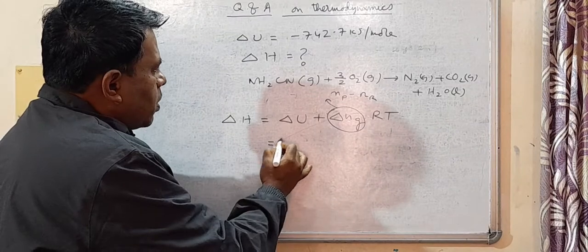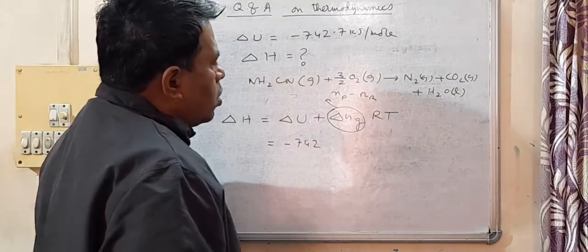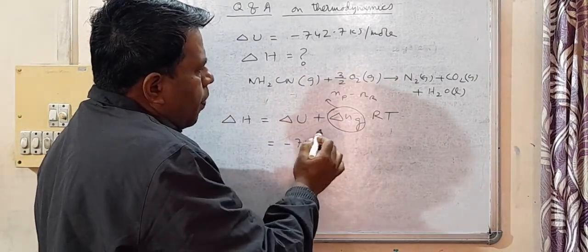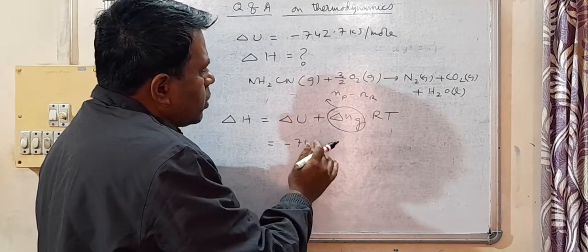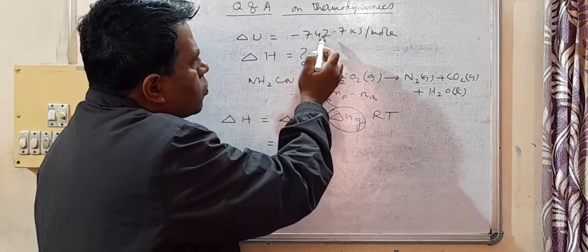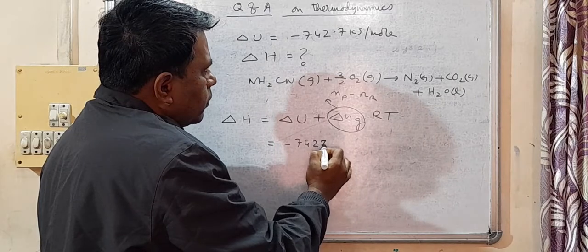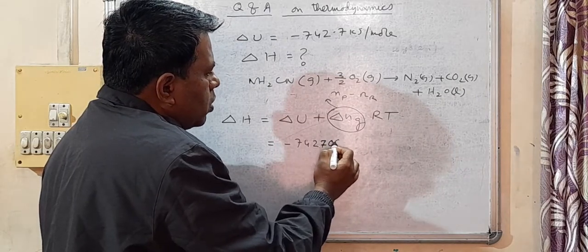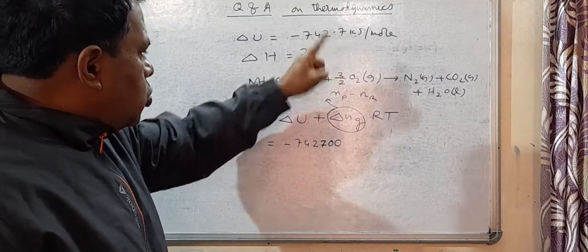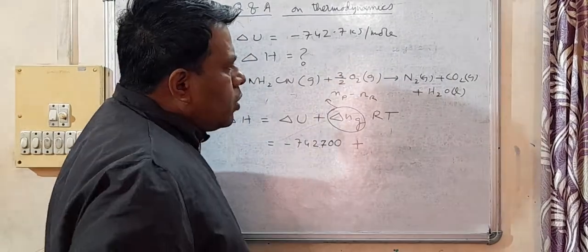So straight away let us put this value, minus 742. Now it is given in kilojoules. Let me write it down in joules. To make it in joules we have to multiply by 1000. Plus delta Ng.